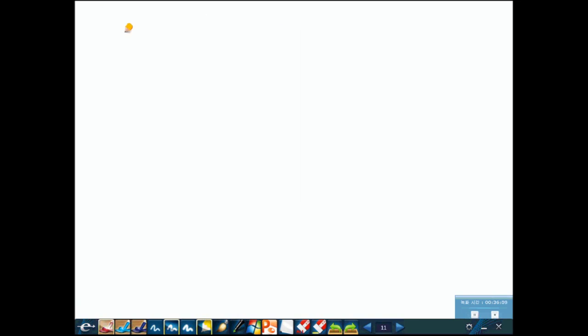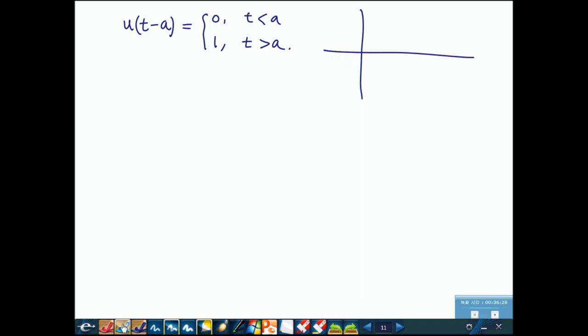So the unit step function is mathematically this: 0 if t is less than a, and 1 if t is greater than a. If you draw it, this is a, and this is 0.